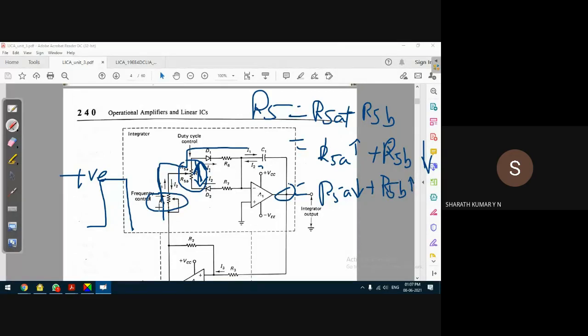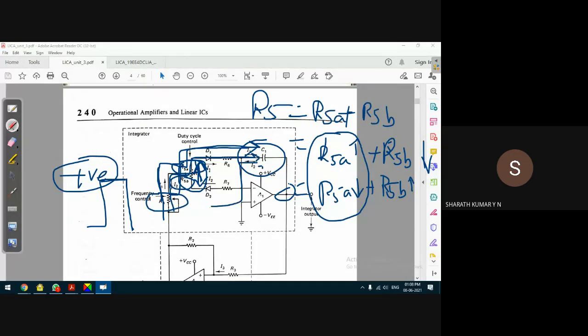Let's observe this. The R5A resistance is responsible for charging the capacitor, because the output of the symmetrical circuit is positive, and the current flows through R5A, D1, R6 to the capacitor. Whereas R5B is responsible for discharging the capacitor.